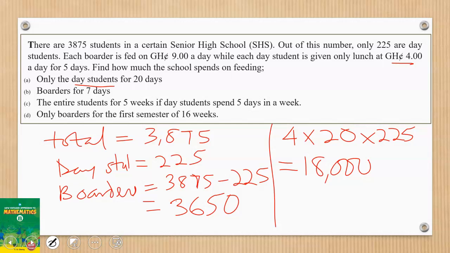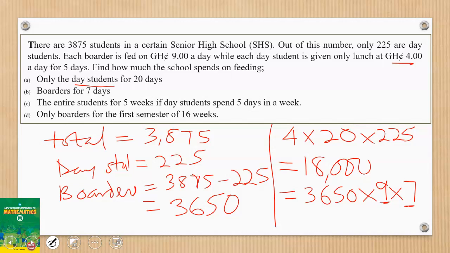Then boarders for 7 days. And the boarders, the total number is 3,650 times each boarder spends 9 cedis times 7 days. So 9 cedis to spend on each boarder, and for 7 days, and the total number of boarders is 3,650.